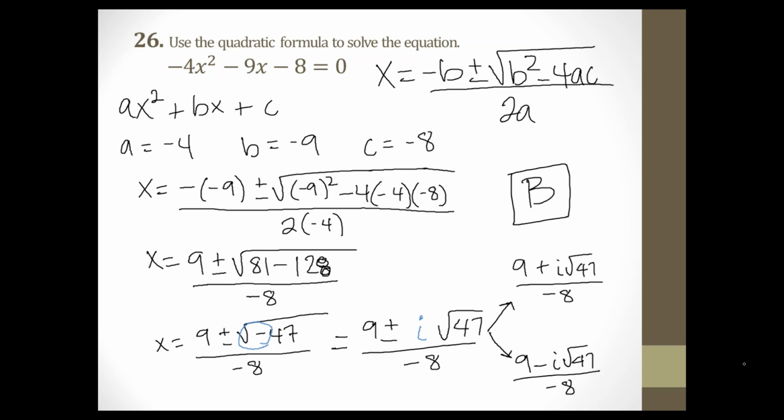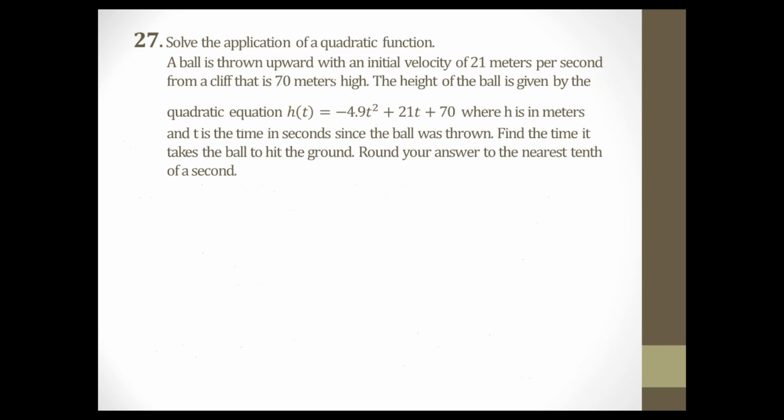Okay. If there are any questions on the quadratic formula, we're going to use it one more time in problem number 27. So solve the application of a quadratic function. A ball is thrown upward with an initial velocity of 21 meters per second from a cliff that is 70 meters high.